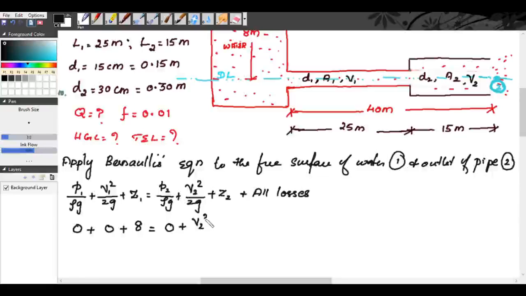So we have V2 square by 2g plus Z2 lies on the datum line. So it is 0 plus all the losses. We have frictional loss in pipe 1 plus frictional loss in pipe 2. These are the major losses plus HI, that is minor loss due to the inlet of the pipe and minor loss due to the exit of the pipe.